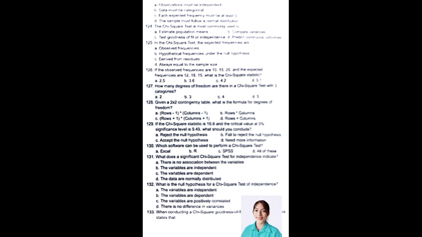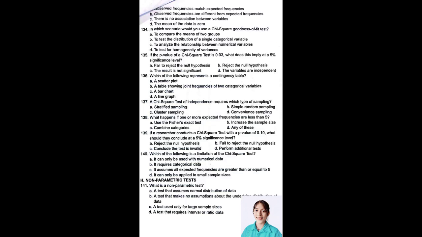Then we have 133. When conducting a chi-square goodness of fit test, the null hypothesis states that the observed frequencies match expected frequencies. So that's in option A. Then we have 134. In which scenario would you use a chi-square goodness of fit test?